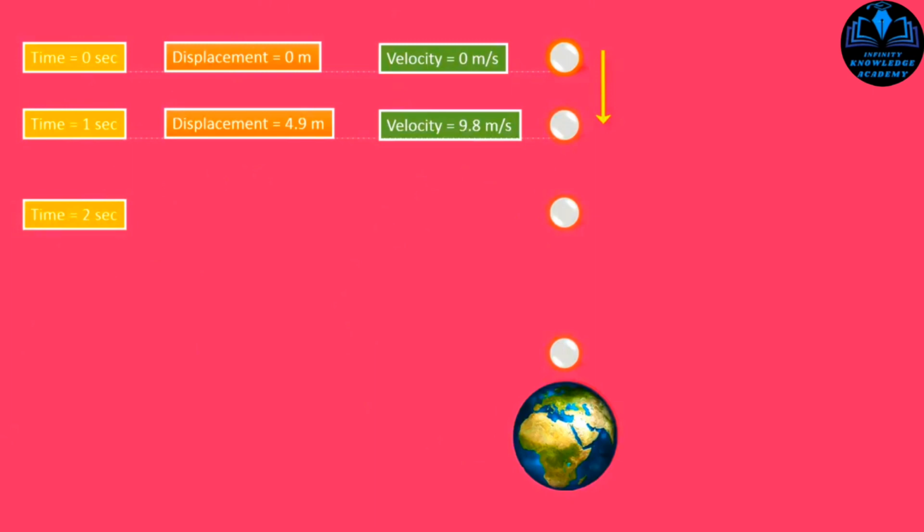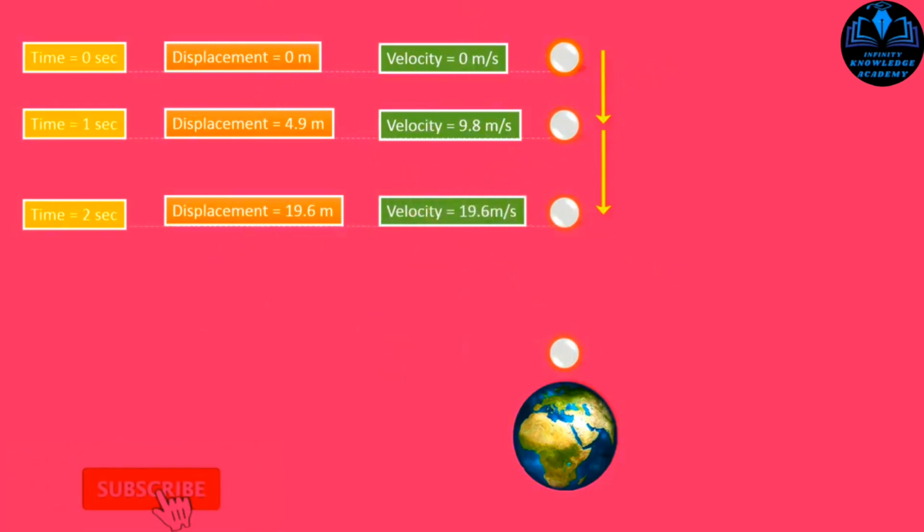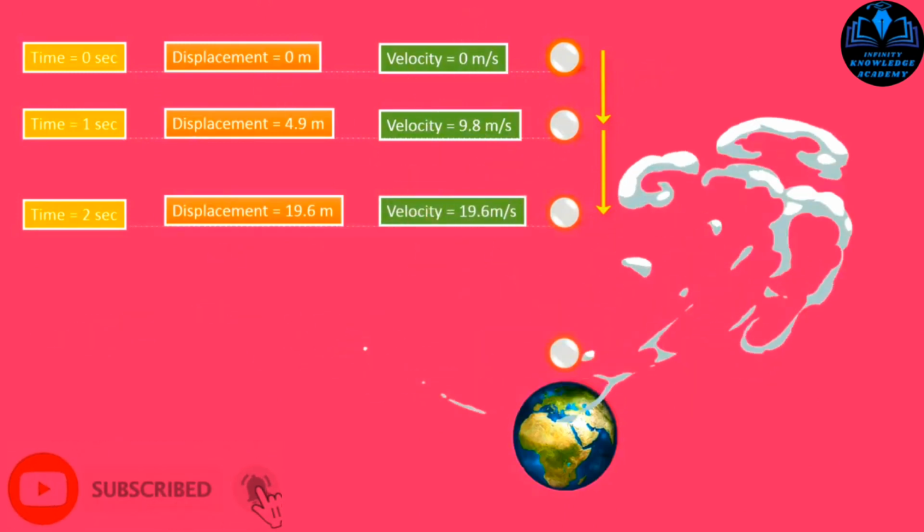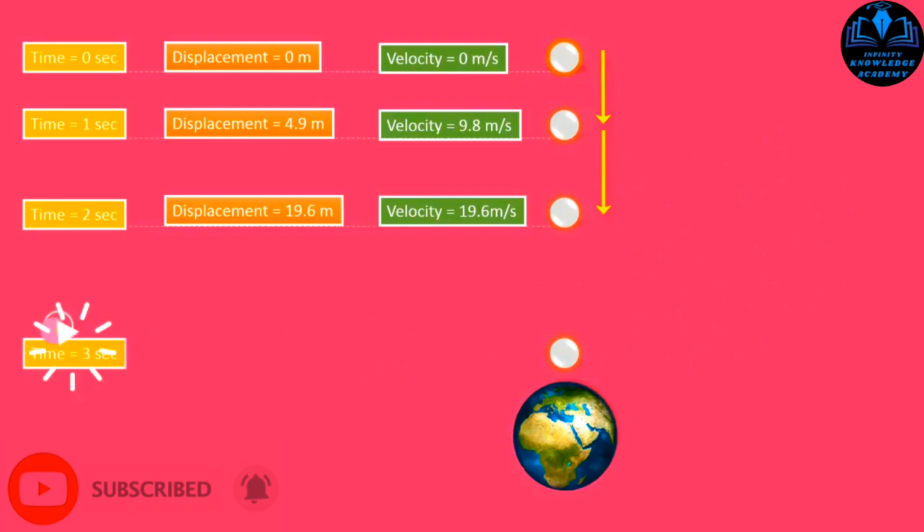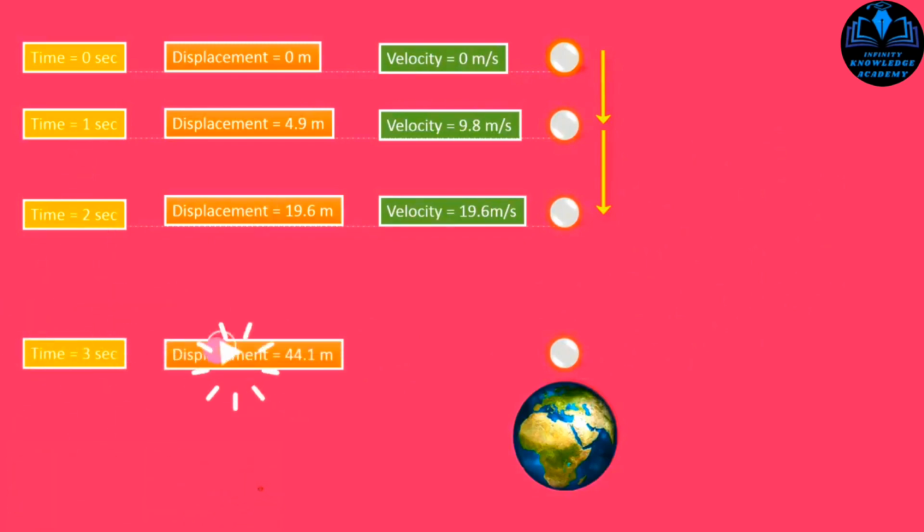In time 2 second, its displacement becomes 19.6 meter. Hence its velocity is 19.6 meter per second. In time 3 second, its displacement is 44.1 meter and its velocity becomes 29.4 meter per second.